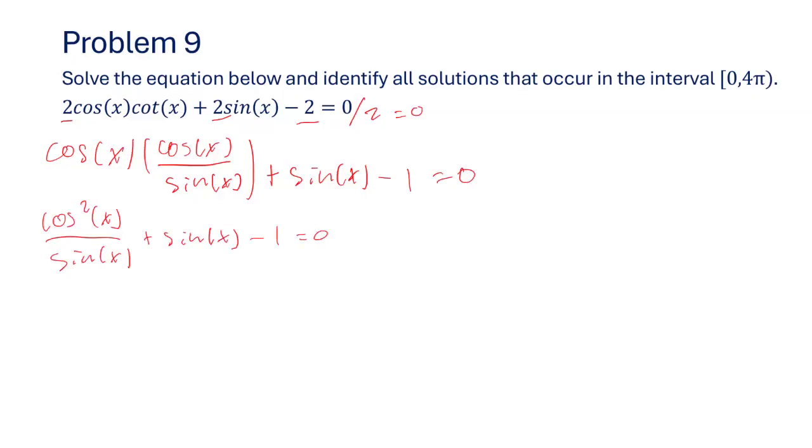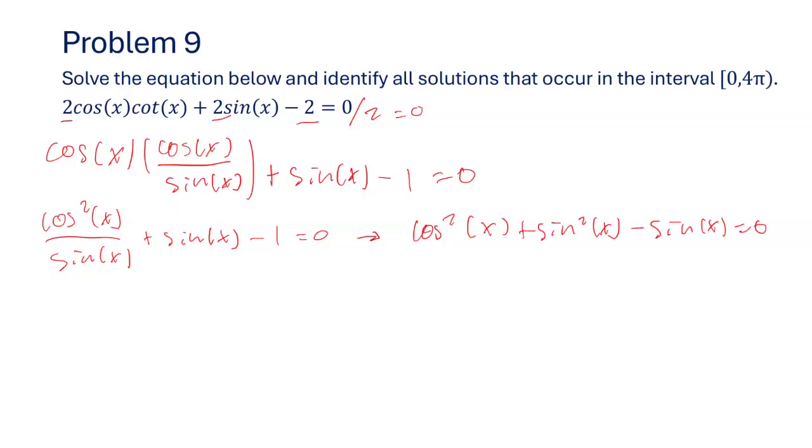I'm going to multiply both sides of my equation by sine, which will lead me to having cosine squared, so I can get rid of that fraction right here. So that'll leave me with cosine squared x plus sine squared of x minus sine of x equals 0.